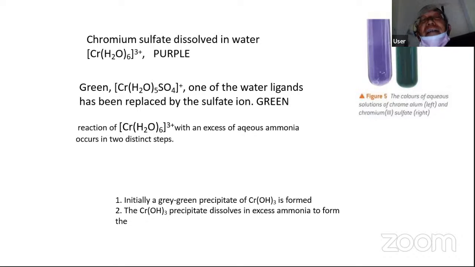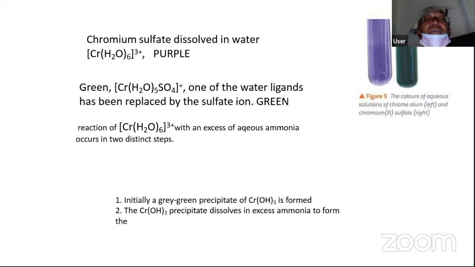Because there are 6 ligands, it must be octahedral. And the color is purple, and water is neutral, therefore the charge is known to be 3+, so your chromium must be 3+. So this is chromium 3, purple.